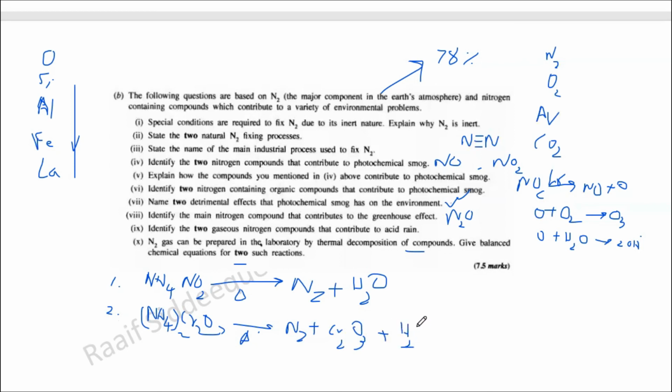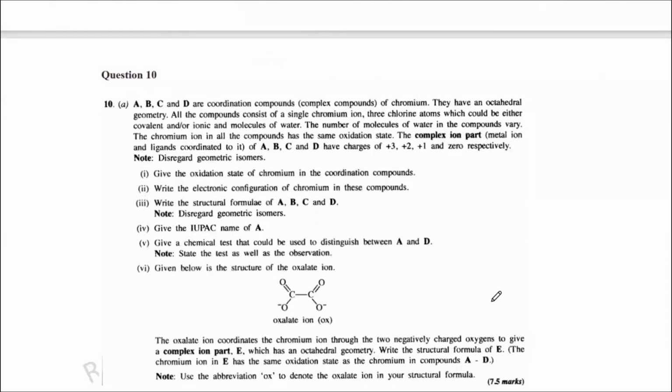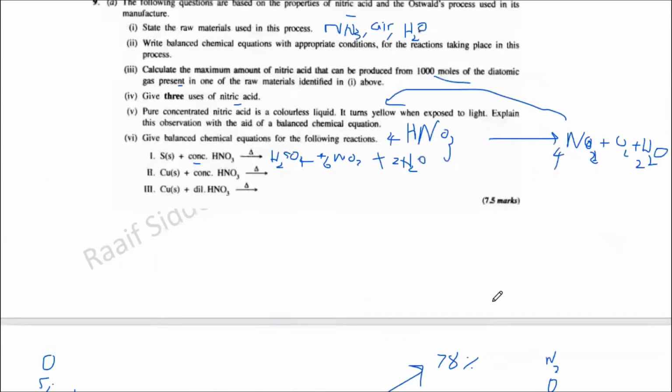Okay, so you can write down this reaction, but make sure to balance. Okay, so these two are the main reactions that you can write in this case. Question number 10. So question number 9 is done.